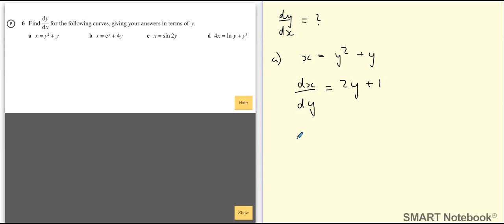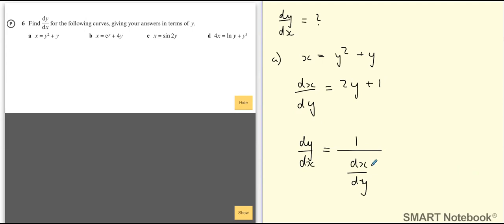Well, the chain rule. I said you can just multiply or divide anything to get essentially what you want. So here, dy by dx would be the same as saying 1 over dx by dy. Does that make sense? You let me know if you're happy with this version of the chain rule.